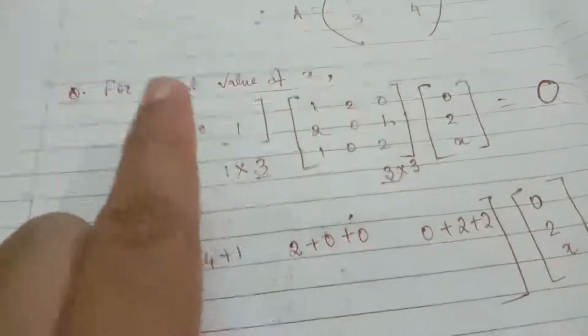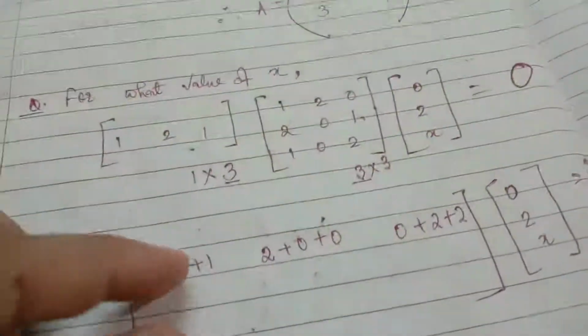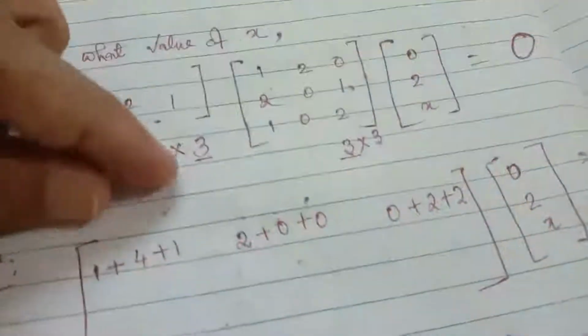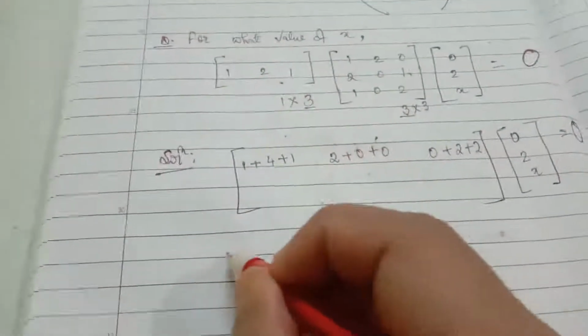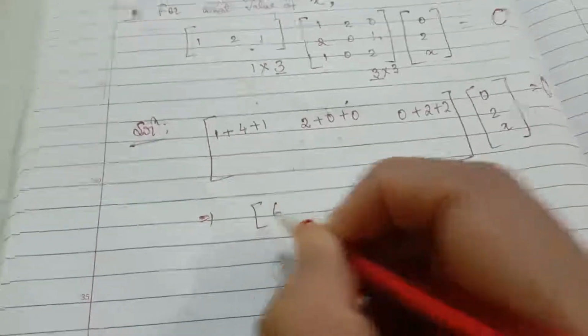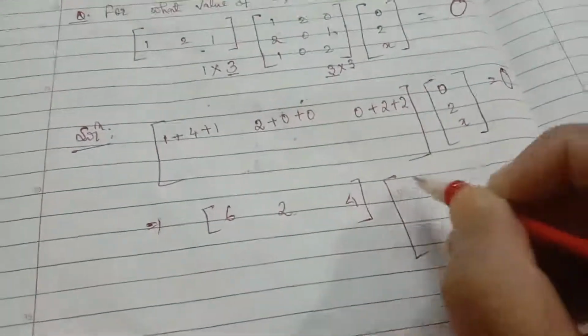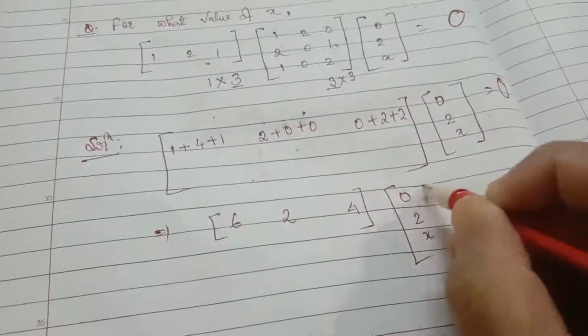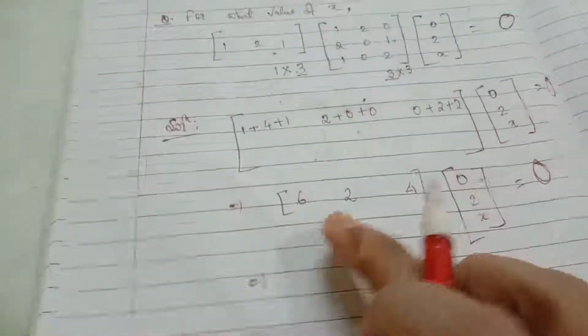The order of the resulting matrix will be 1 by 3, it has only one row and 3 columns. So this matrix is equal to [6, 2, 4], times the column matrix [0, 2, x].